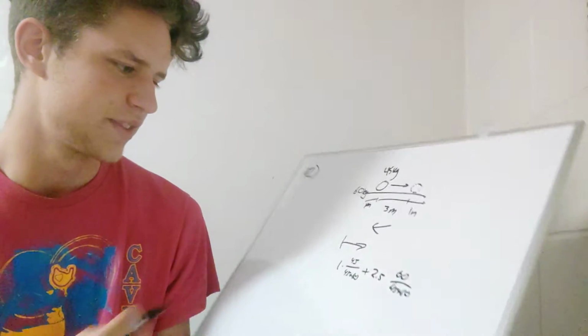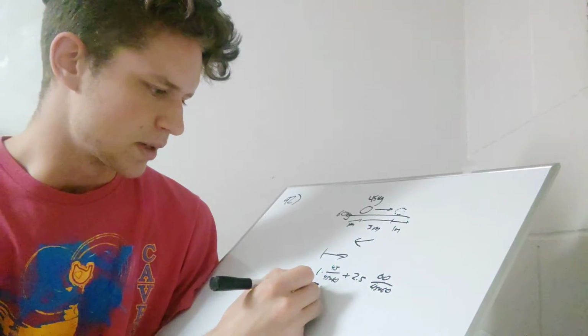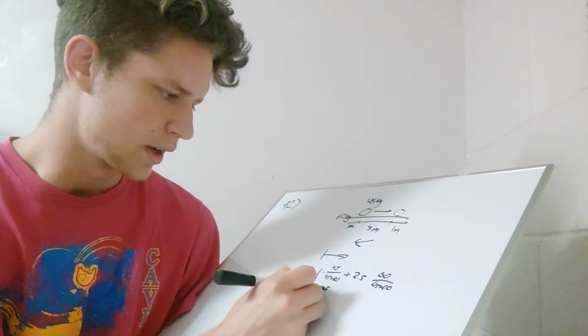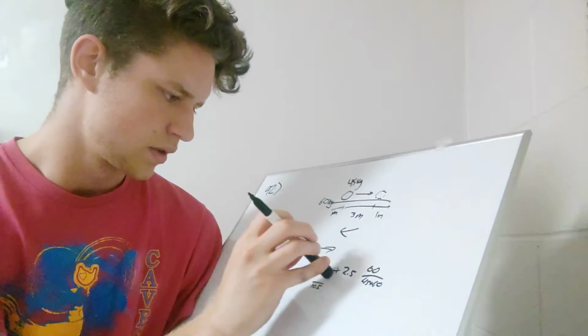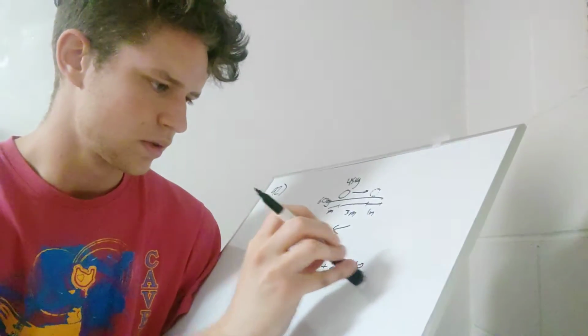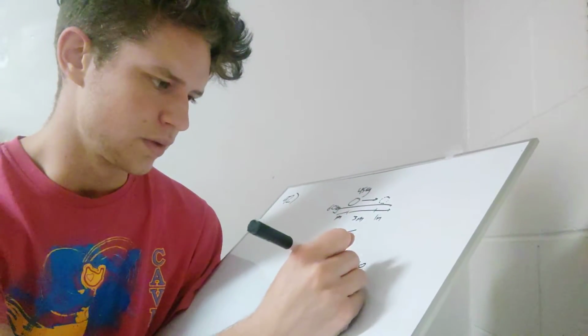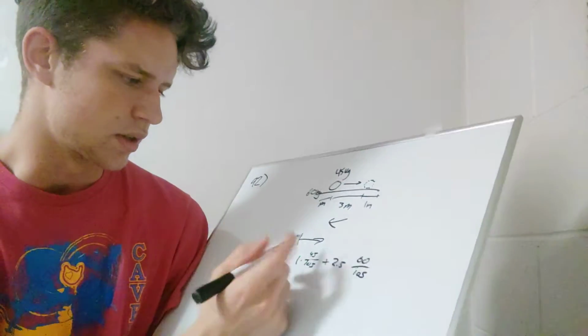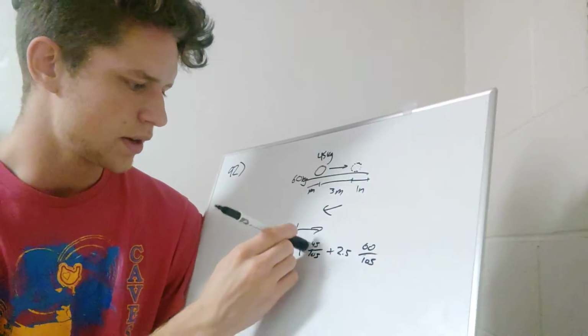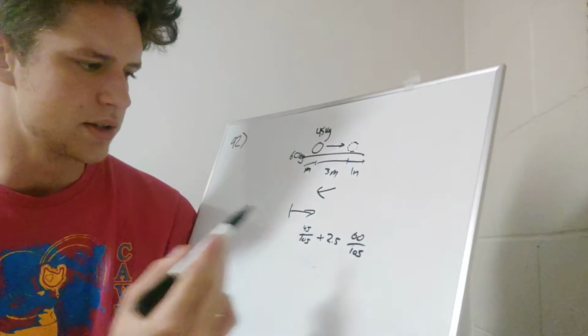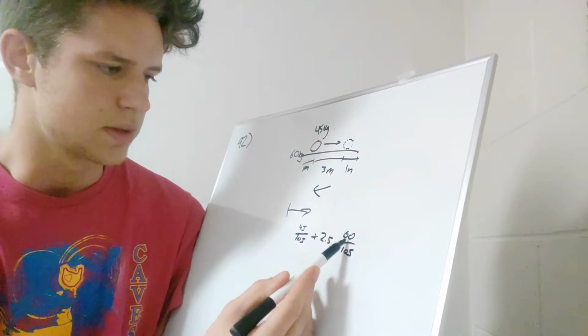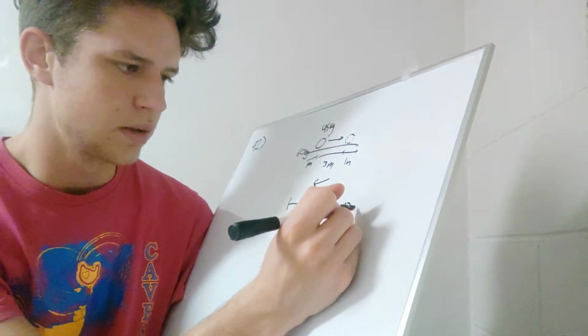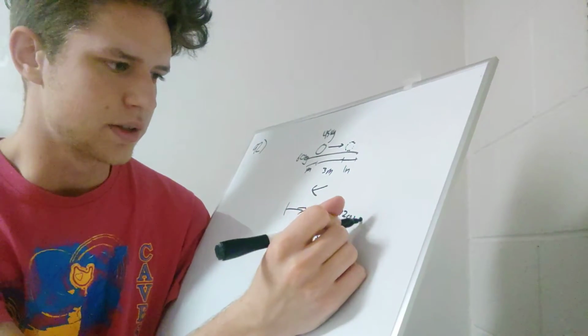Okay, so this adds up to be 105 for the total. I'm just going to do this a long way because I don't want to go grab my calculator. 2 times this is going to be 120 plus half of that, which is 30.